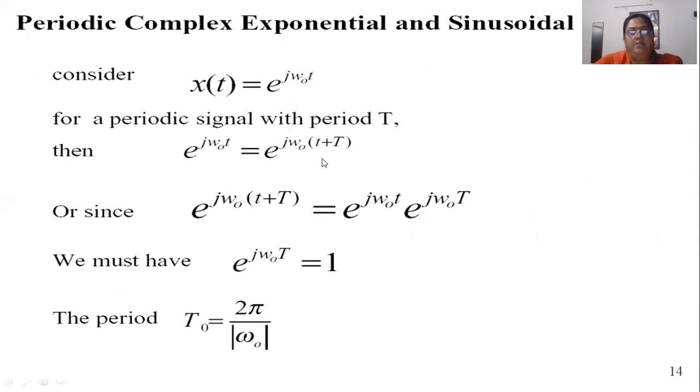Now we have broken it into two exponential terms, e to the power of j omega naught t and e to the power of j omega naught T. It can be represented by this. Now we must have e to the power of j omega naught T equal to 1. The period T naught is equal to 2 pi upon omega naught.